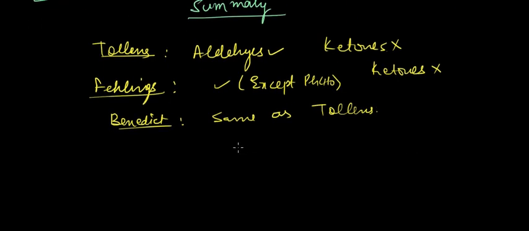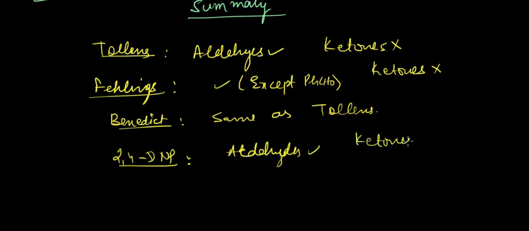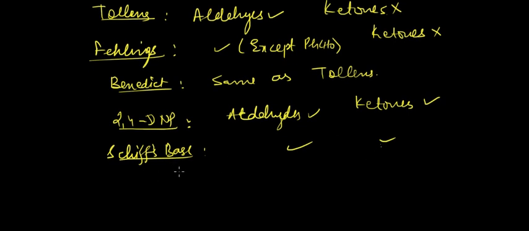Next we have 2,4-DNP, aldehydes and ketones. It gives positive test with both. Okay, what about Schiff's base? Again it gives for both. Okay, what about Schiff's reagent? Pararosaniline with SO2 plus HCl.